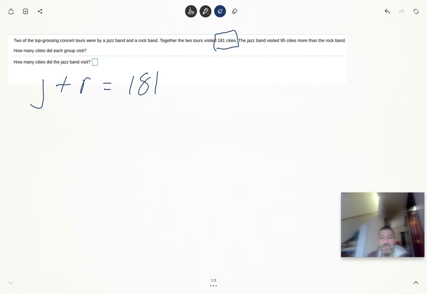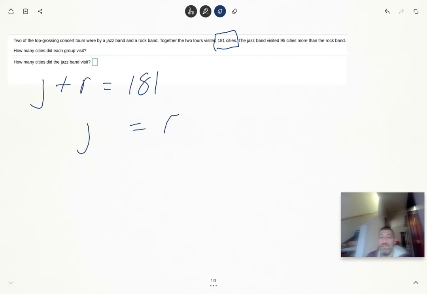Okay, the total cities is made up of the cities the jazz band visited plus the cities that the rock band visited. Okay, then another part of that says the jazz band visited 95 cities more than the rock band. So we're going to set the jazz band and the rock band equal to each other. But they're not equal.